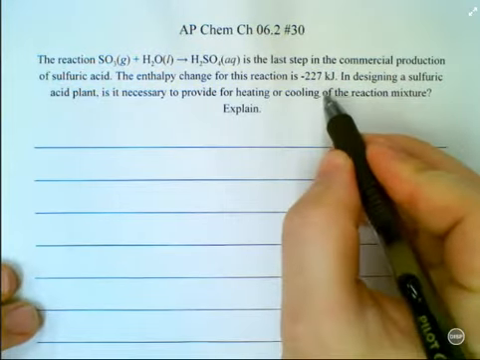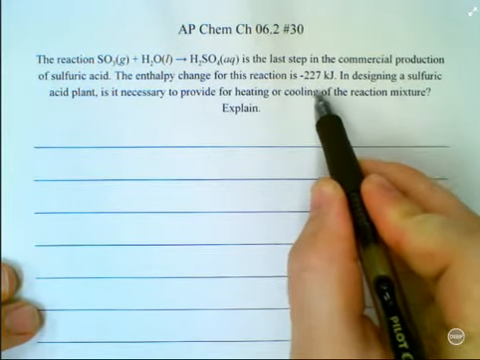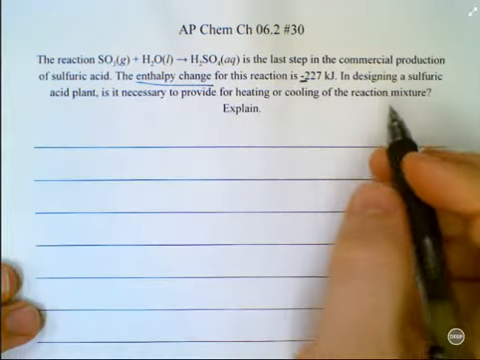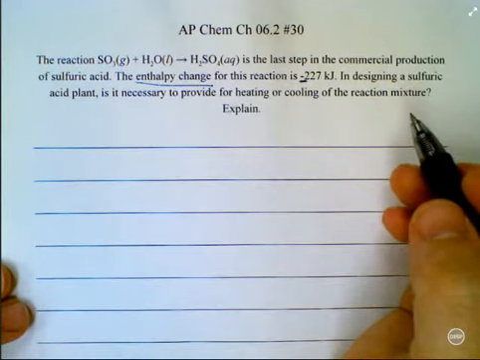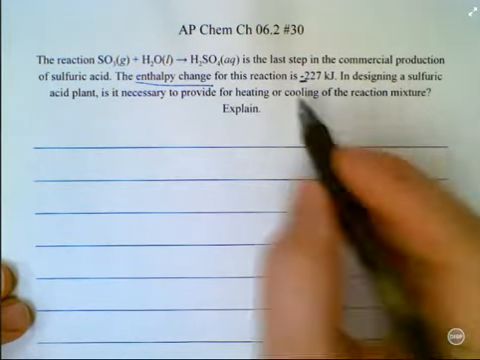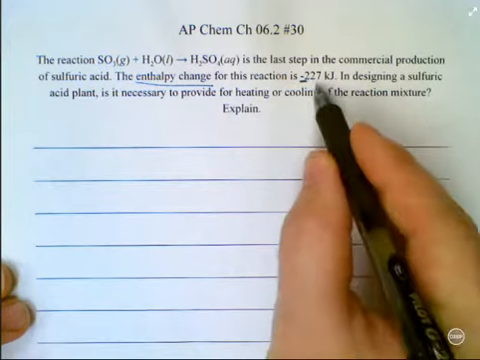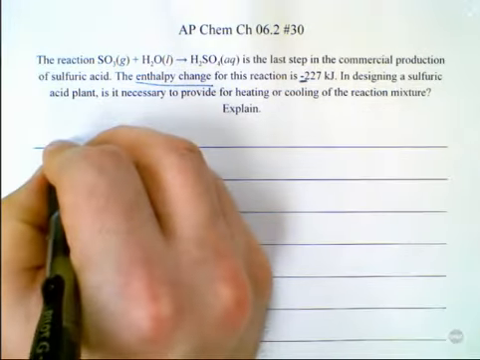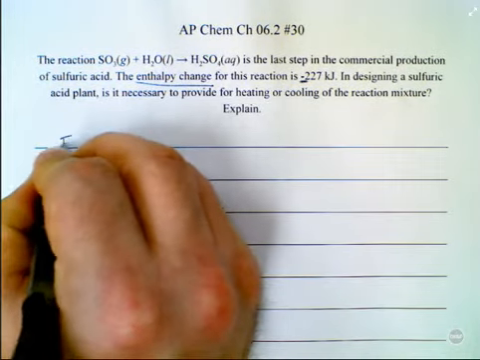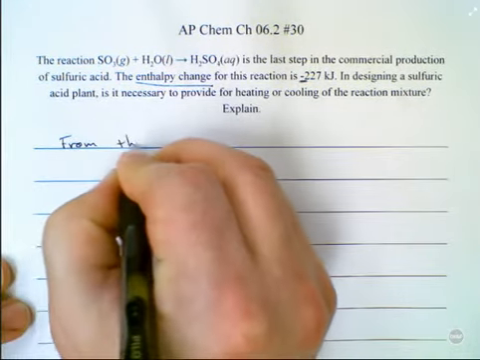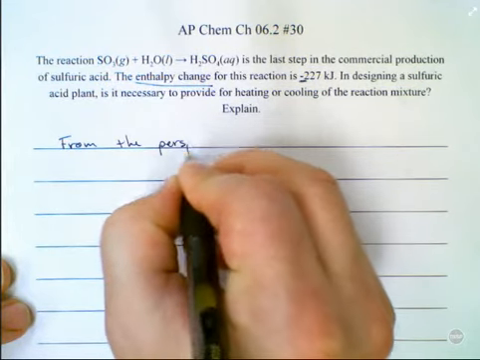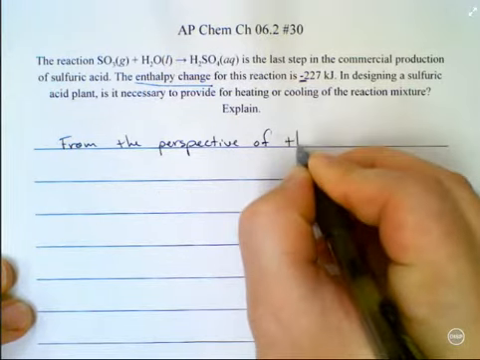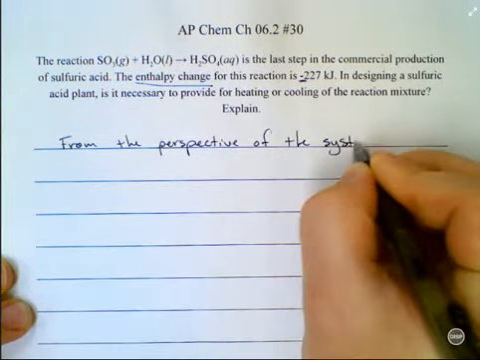The first thing I want to draw your attention to is this value for the enthalpy change. It has a negative sign. Negative sign on the enthalpy change indicates the direction of movement of that energy. This 227 kilojoules, where is it moving? This negative sign is telling me. And if you remember, enthalpy change is always from the perspective of the system.